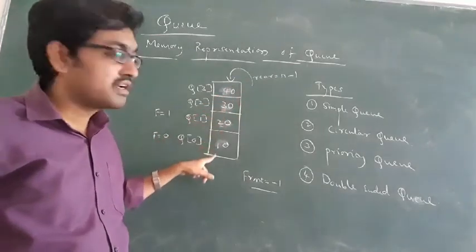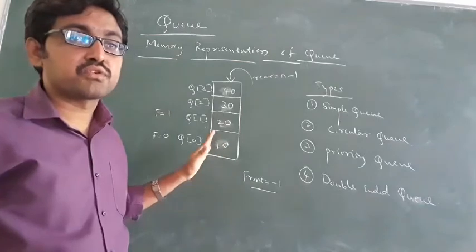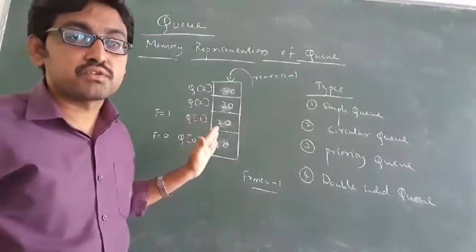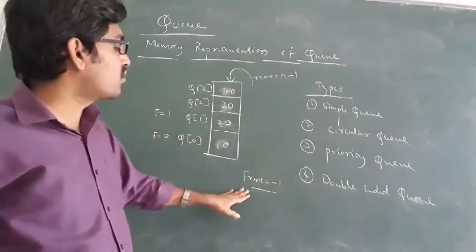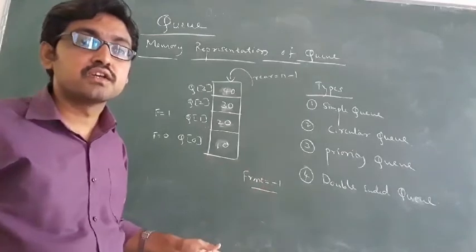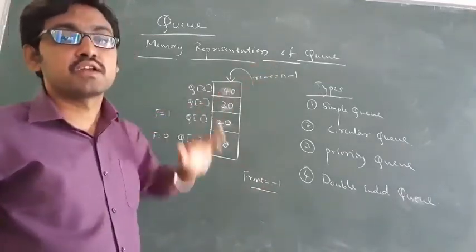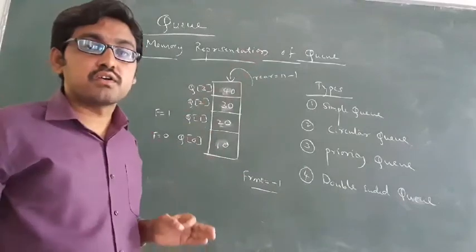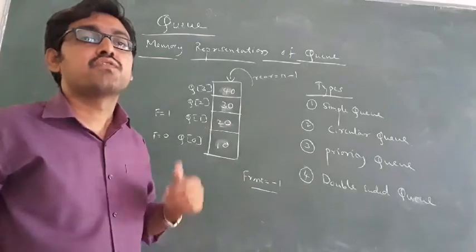The process of deleting the element at the front end is called DQ. If front equal to -1, that situation is called underflow. If rear equal to n-1, that situation is called overflow. Overflow means Q is full.